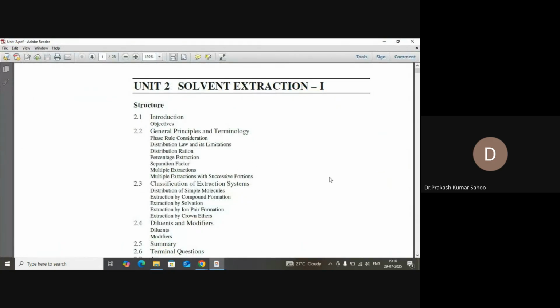So in the solvent extraction method, we have one important rule that is known as the phase rule. F equals C minus P plus 2, where F is the degree of freedom, C is the number of components, and P is the number of phases. Then, followed by this phase rule, we have the distribution law, distribution ratio, and percentage extraction.